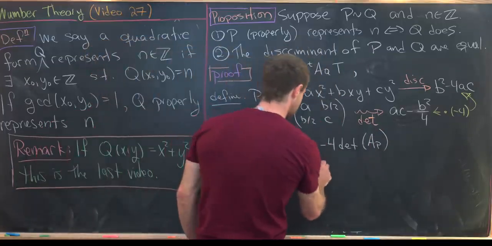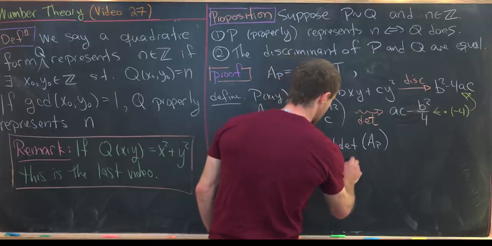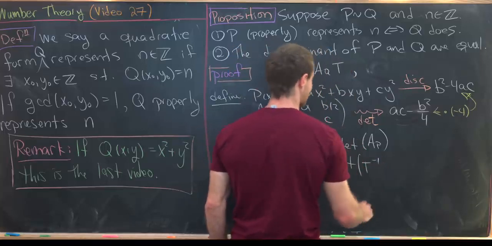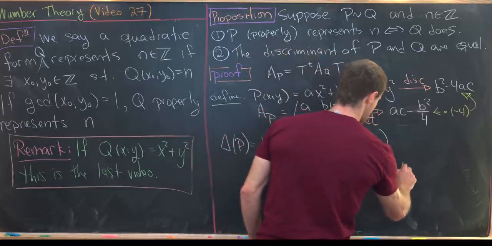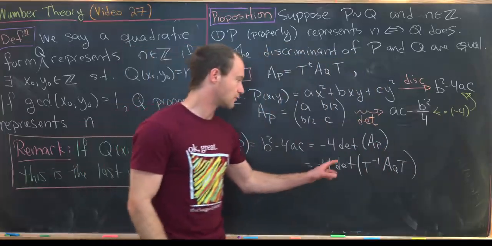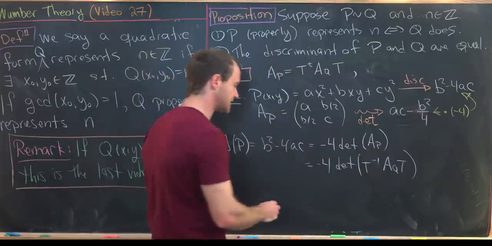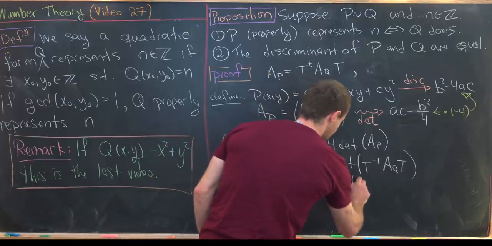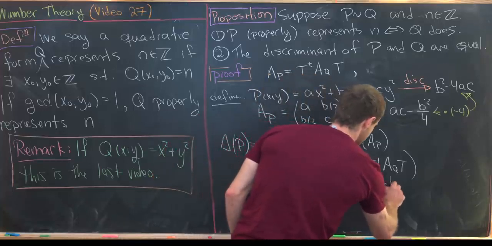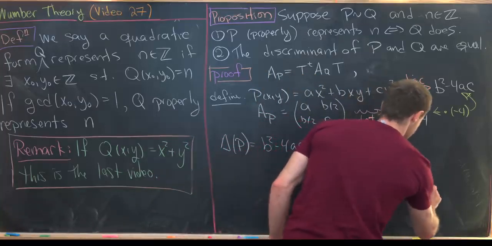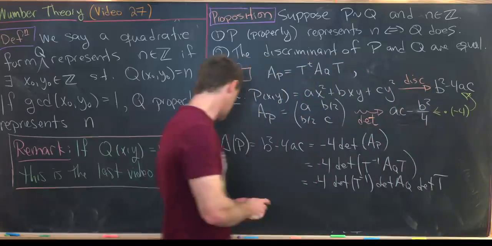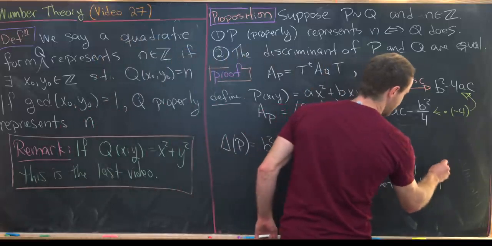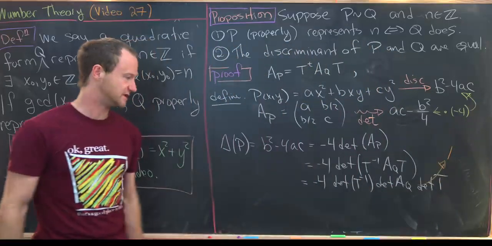Okay, but now that's going to be equal to minus 4 times the determinant of T transpose, which recall that's T inverse, A_Q T. But recall that the determinant is a multiplicative function. So this gives us minus 4, the determinant of T inverse times the determinant of A_Q times the determinant of T. But then the determinant of T is 1 by our definition of T being from SL2Z.